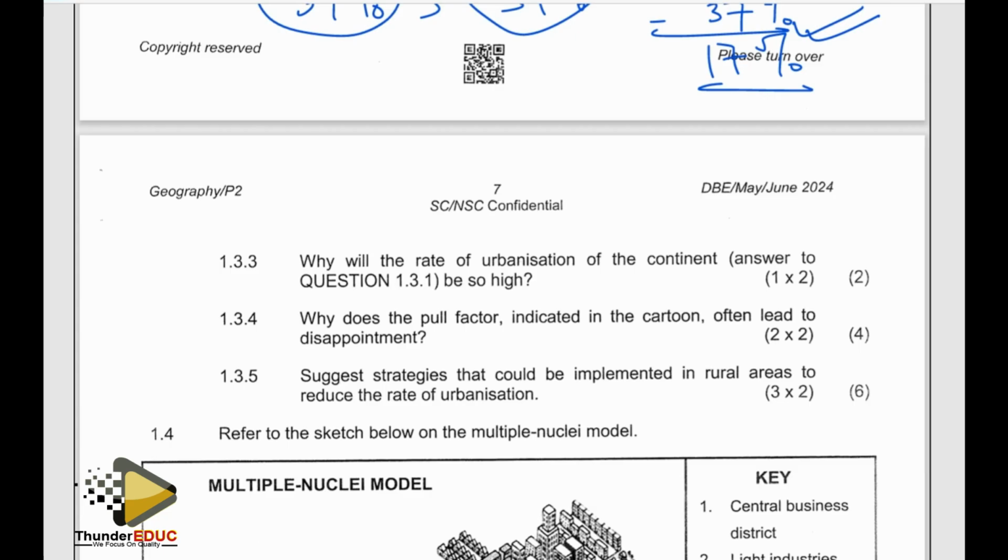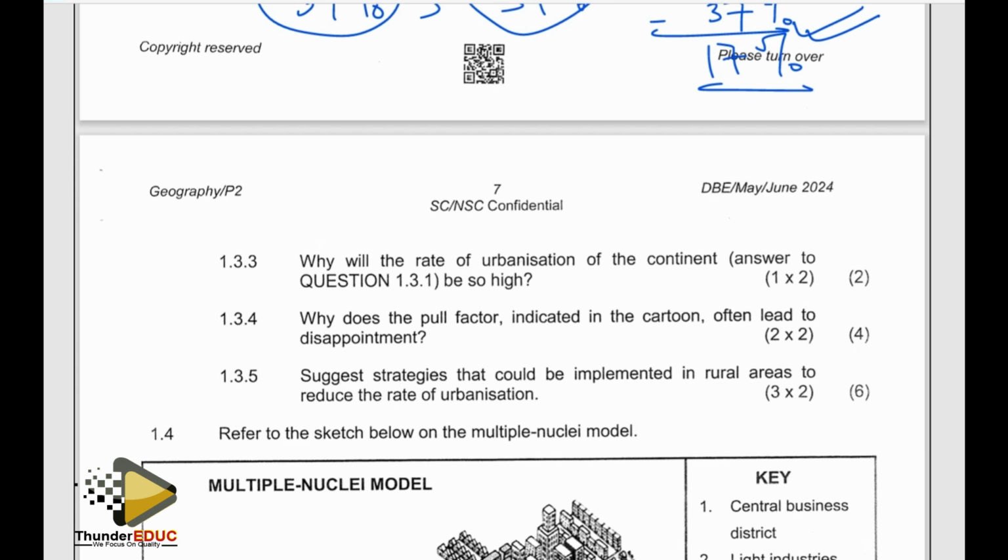Why would the rate of urbanization of the continent in the answer above be so high? Why do we have such high rates of urbanization in Africa? You look at it from the perspective of the push or the pull factors.